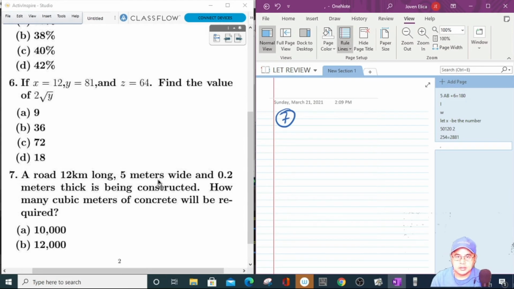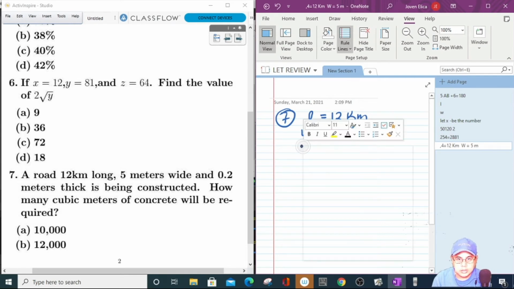So based on the given, we have L is equal to 12 kilometers, and then the width is equal to 5 meters, and the thickness, which is actually the height, is 0.2 meters.